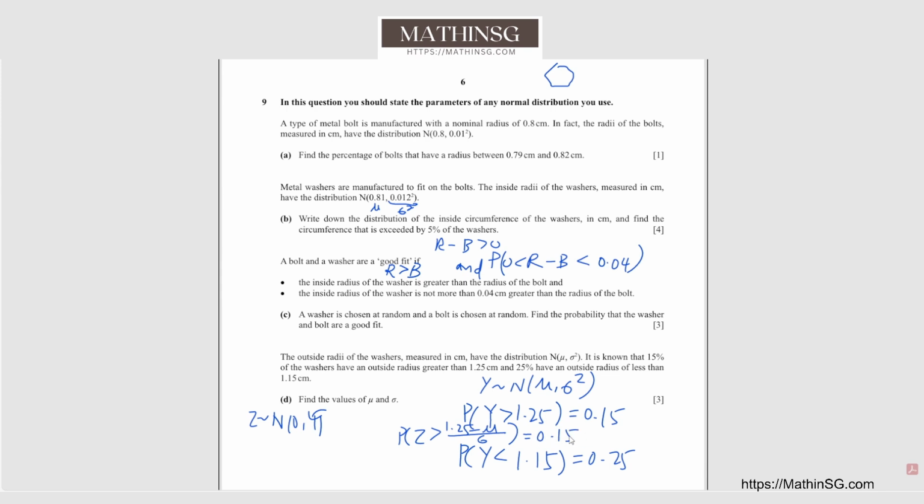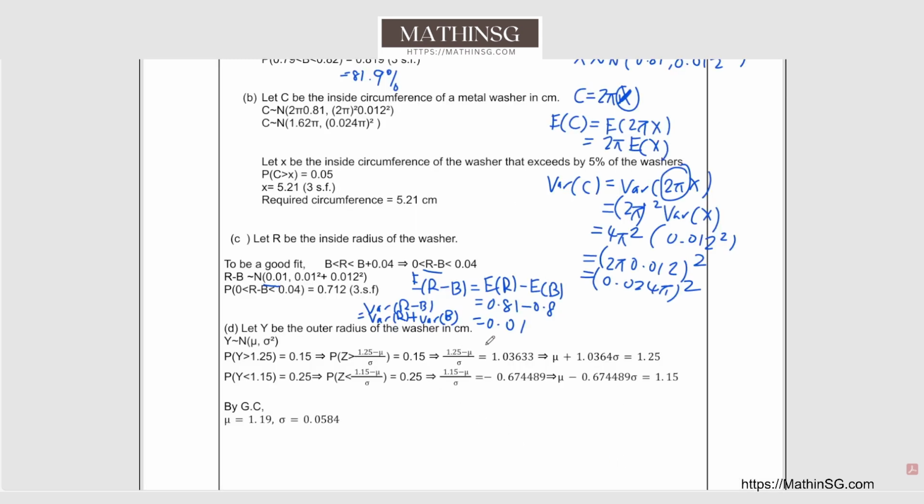And because we know the probability, we want to find this value here, it will be inverse norm. So if you do an inverse norm, you'll get a value of 1.036. Okay, recall that for this inverse norm, because we are using z already, your mu is 0, your standard deviation is 1. Okay, so you get this value here.